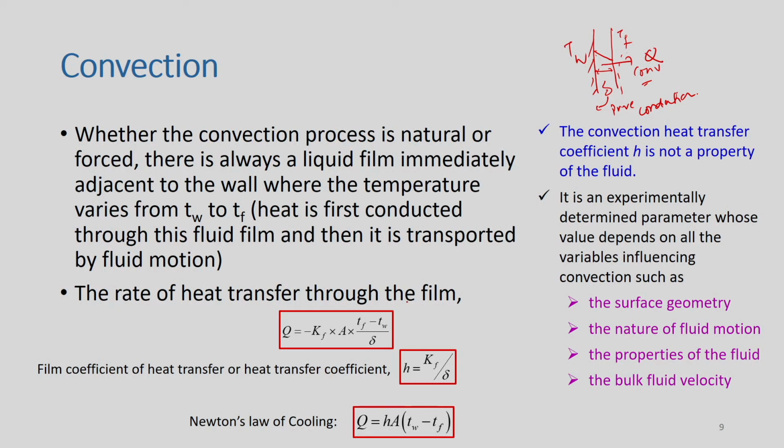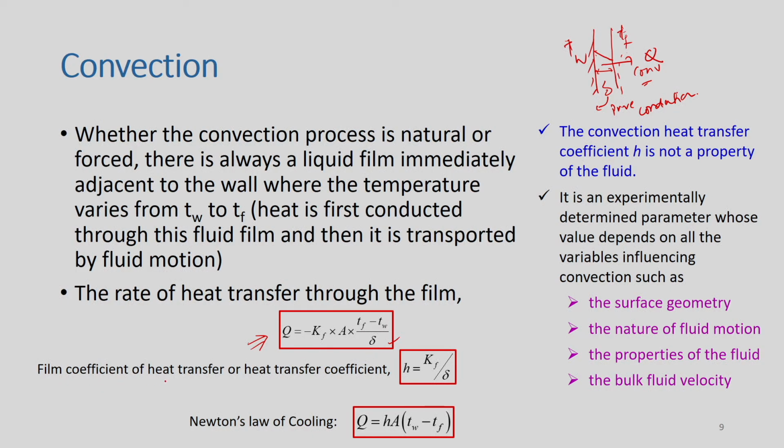This rate of heat transfer through the film, Q, can be represented by Q is equal to minus Kf into A into (Tf minus Tw) over delta. Delta is nothing but the thickness of this film, and small t and capital T are the same here.